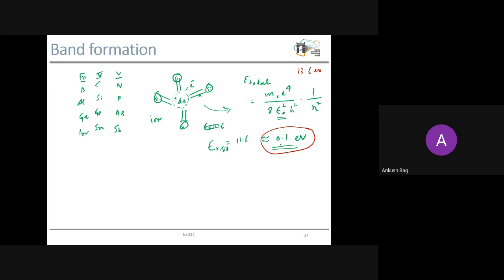Whereas by providing only 0.1 electron volt of energy, you can easily take out the fifth electron from your arsenic atom. So after doping, it is a lot easier to get conductivity, or to get carriers, in this doped semiconductor.